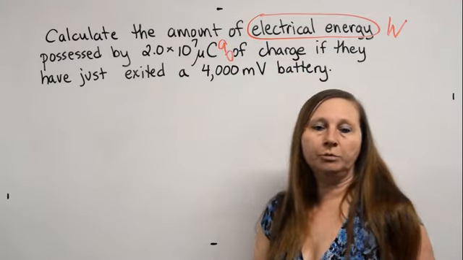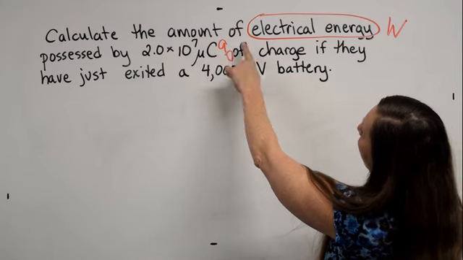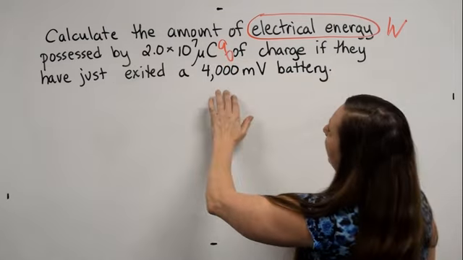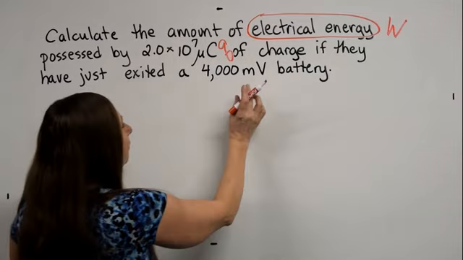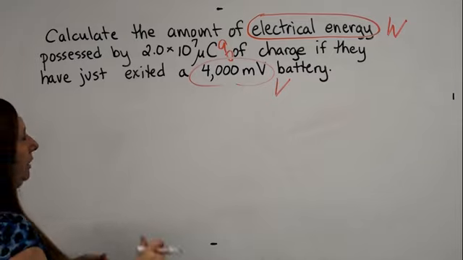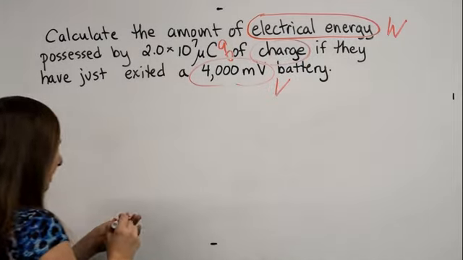Microcoulombs we're going to convert to coulombs. If they have just exited a 4,000 millivolt battery, that's our voltage. So we've got W, Q, and V.